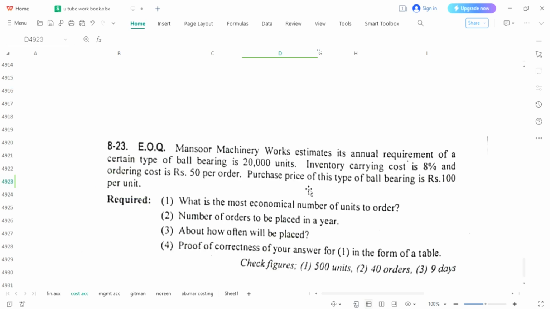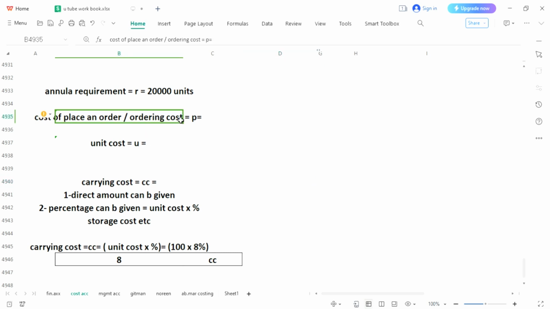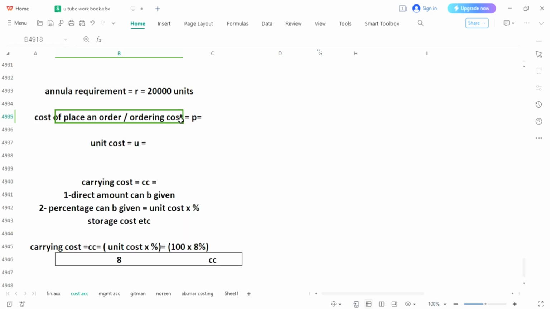Okay, so go back to the question, and see what next is given. We have already seen ordering cost is 50 per order. Cost of placing an order, or ordering cost, is given over here as 50, so you will put 50 over here.